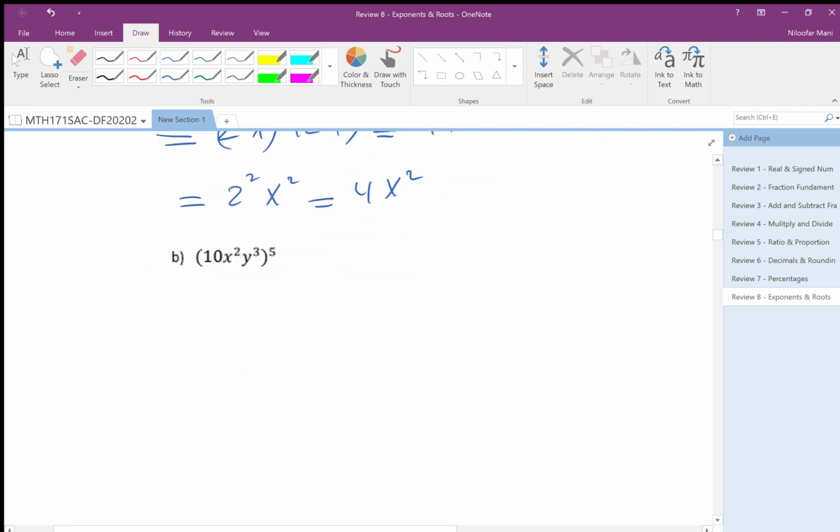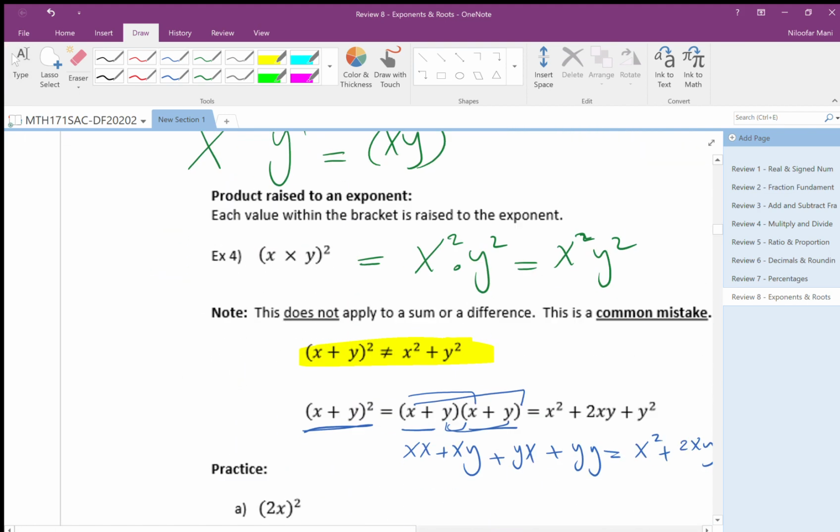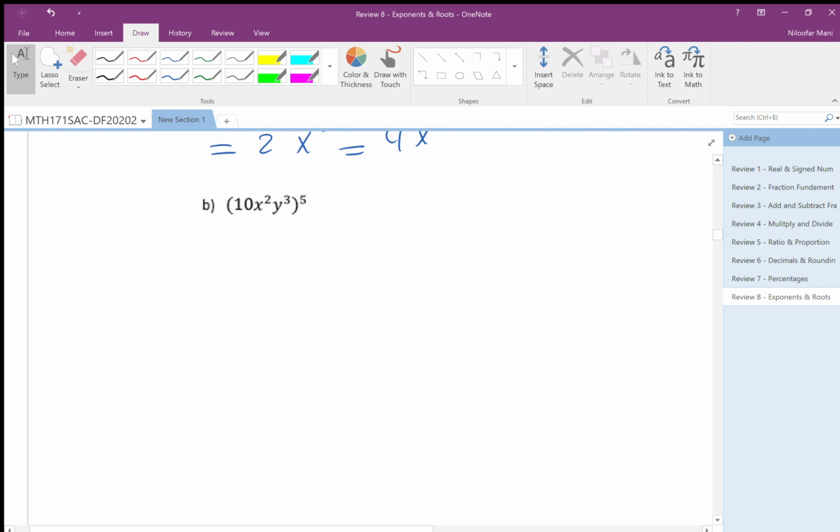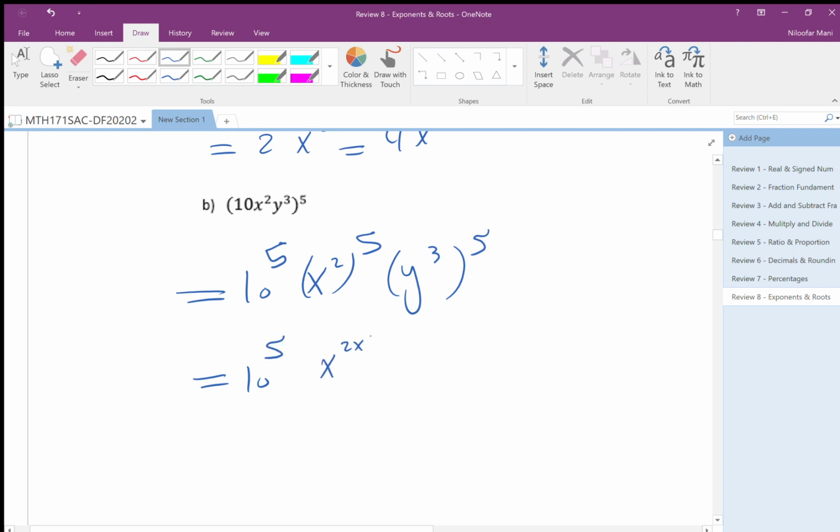You can use this rule here, which I'm showing you. This is for 5 times, so it means 10 power 5 times x squared y cubed power 5, which is 10 power 5 x to the 2 times 5, y to the 3 times 5. Here you are showing the steps, and I want to see that step. So 10 power 5 x power 10 y power 15.